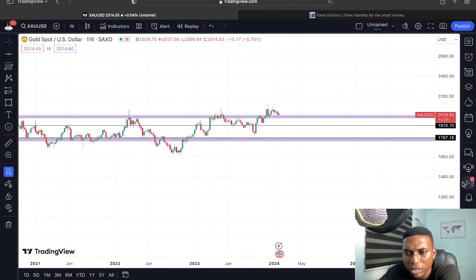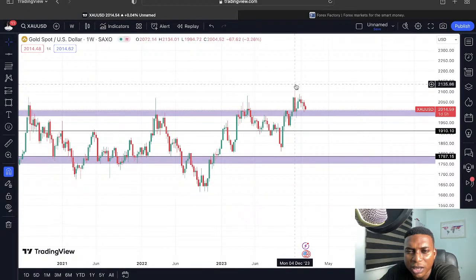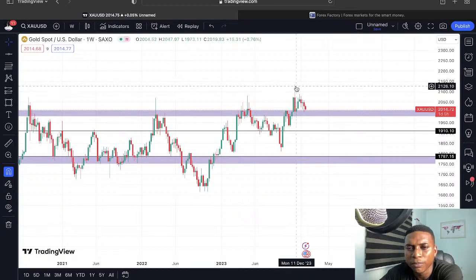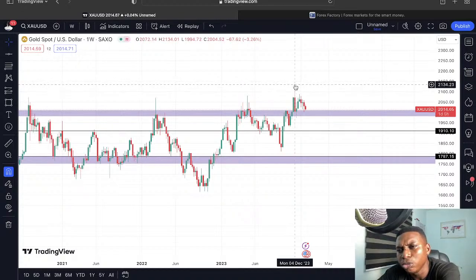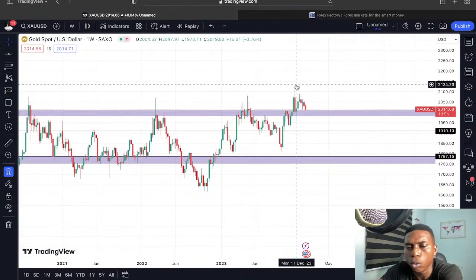Yes, its overall all-time high was in December 2023, at around 2,134.3 US dollars to 1 ounce of gold.